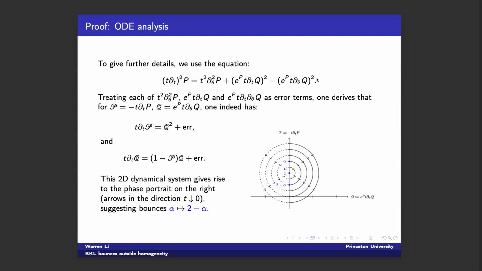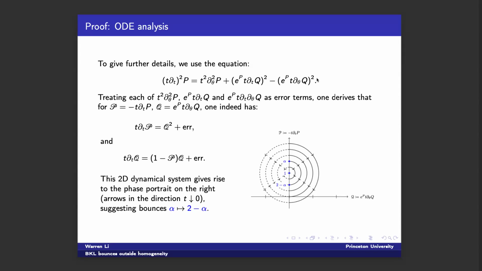It turns out this is a very easy system of ODEs to analyze if I throw away the error. What I get is this picture on the right, and I see that I have just a line of fixed points when q is 0. I can see that the fixed points are unstable when P is bigger than 1 and stable when P is less than 1.